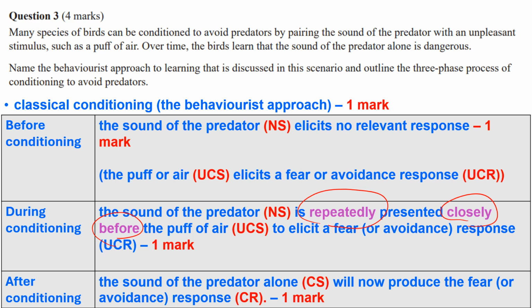And then we know that the conditioning has worked, and based on the objective of the conditioning process, that if the bird hears the sound of the predator alone, which would be a conditioned stimulus, that would trigger some type of avoidance response, which is the goal, so that basically the bird can escape the predator.